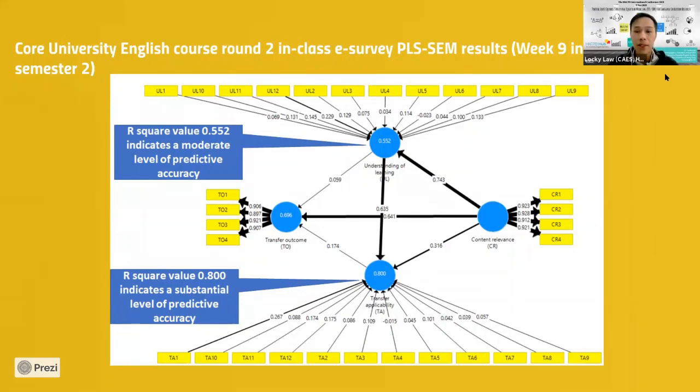Basically, it is really important to have the quantitative data reflecting what it means on the qualitative side, and then together we can look at what innovations in pedagogy.